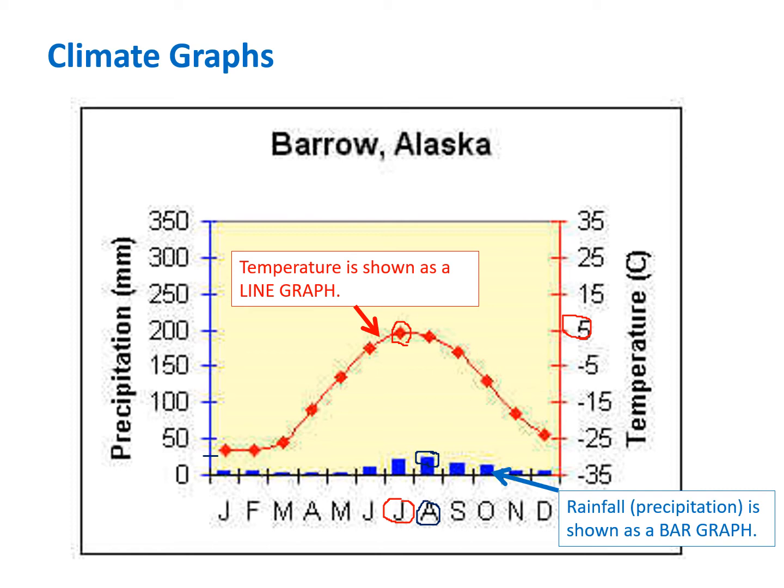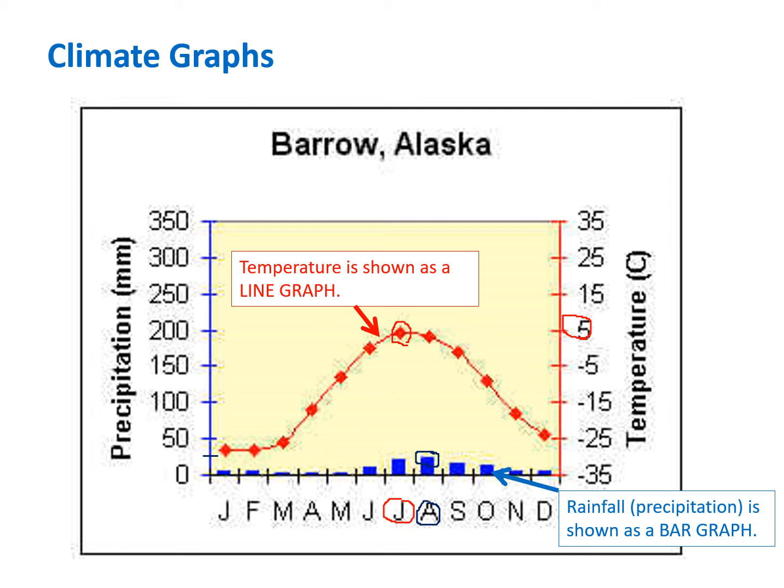So we'd say that the highest precipitation is in August, where there was 30 millimetres of rainfall. You do the same for the lowest figures.